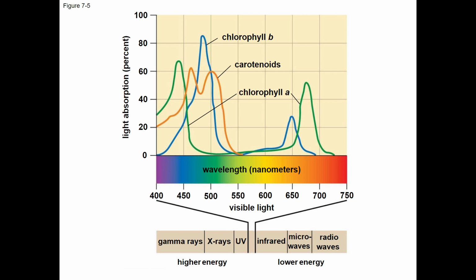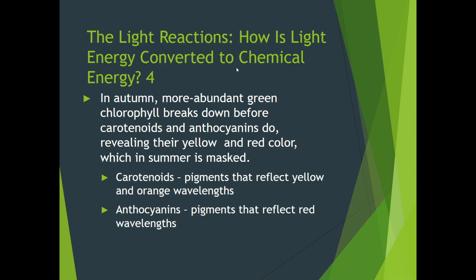So here is a graph showing the electromagnetic spectrum, and we can see the general wavelengths for chlorophyll A, chlorophyll B, and carotenoid. And in the autumn, there's actually more abundant green chlorophyll breaking down than the carotenoids breaking down, or the anthocyanins, which kind of have a purple color. So it's the carotenoids and anthocyanins, these accessory pigments, that are left over in mid to late autumn.